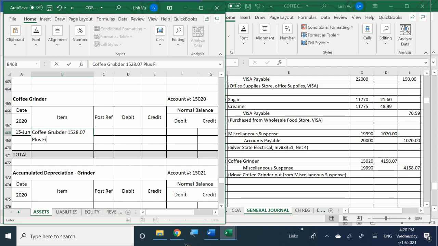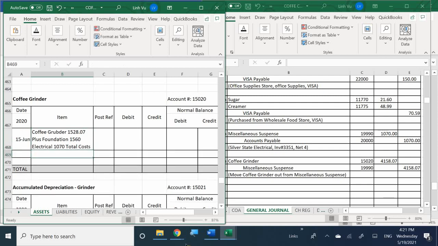The foundation was 1560, and electrical was 1070. Total costs. Oh, we lost his screen.